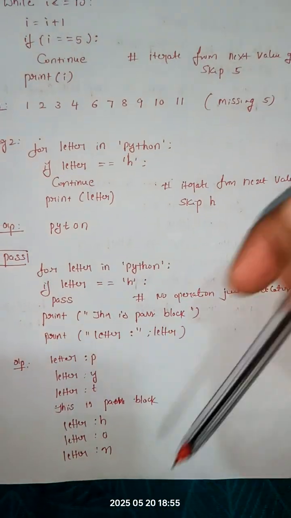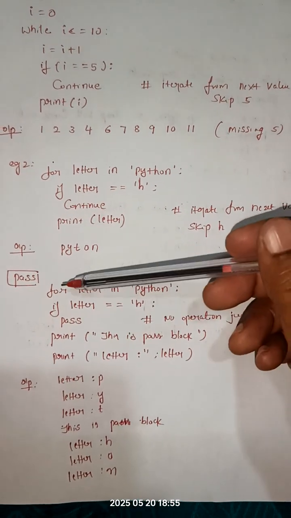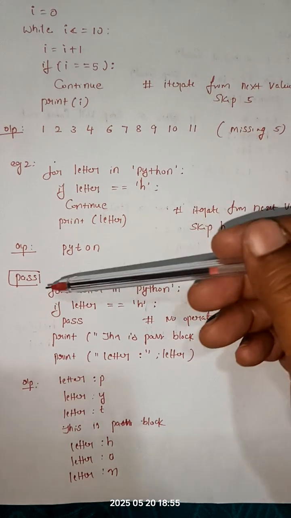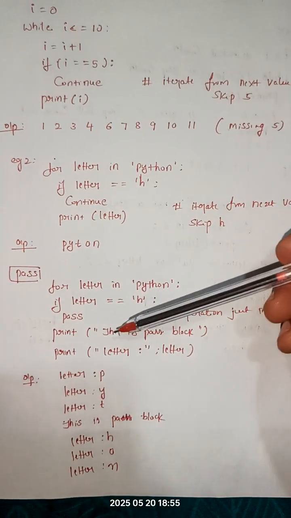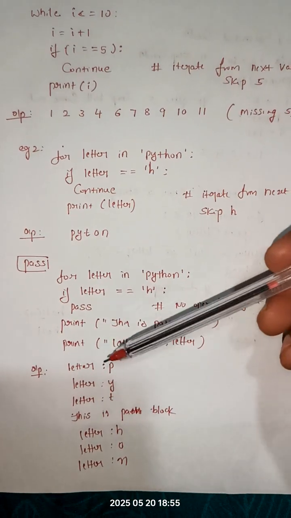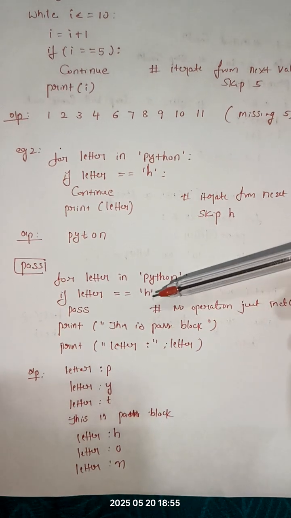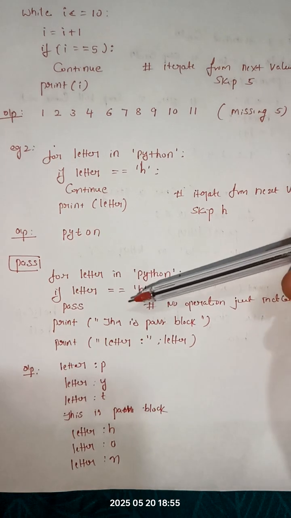Then the pass statement. The pass statement is just a no-operation statement and an indicator. Suppose for letter in Python, it's the same. If the letter is h, we are using pass, and we print, this is a pass block, then print the letter. So what is the output for this? Letter P is printed, letter Y is printed, T is printed.